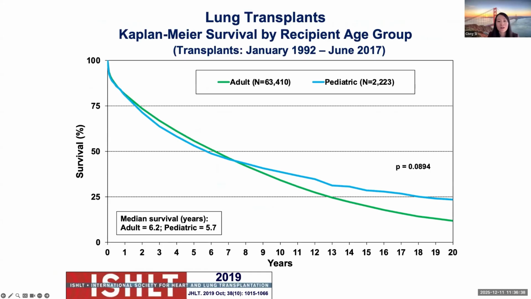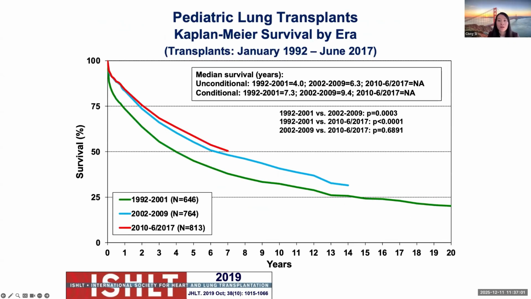When we look at outcome data comparing pediatric patients to adult patients, this data now is a little bit old, but on the whole, there's no difference in survival between pediatrics and adults, and the median survival is about 6 years. However, we know that if patients survive beyond that first year, the conditional survival actually increases to about 9 years.